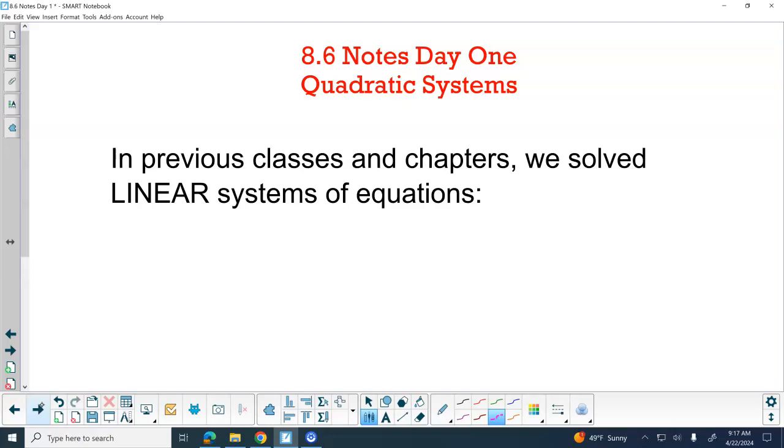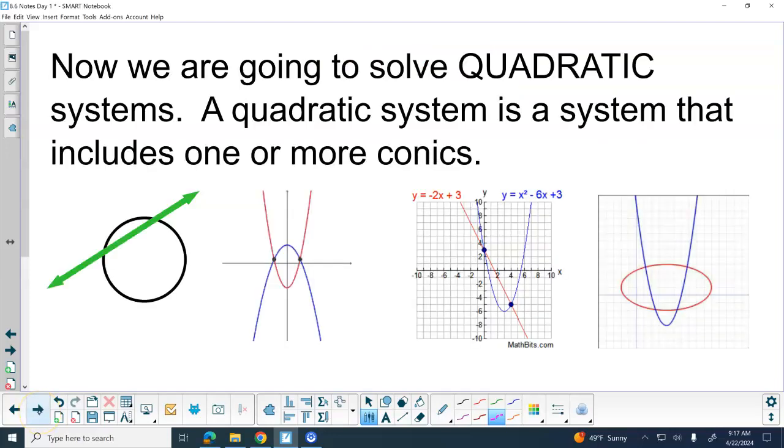Today we're going to take a system of quadratic equations, meaning we are going to intersect a line and a circle, or two parabolas, or a line and a parabola, or an ellipse and a parabola, or an ellipse and a circle, or an ellipse and a hyperbola, or any of the 4 conic sections that we've been learning these last 5 weeks, and now with a line. Okay, so we got 5 different combinations of 2 to choose from.